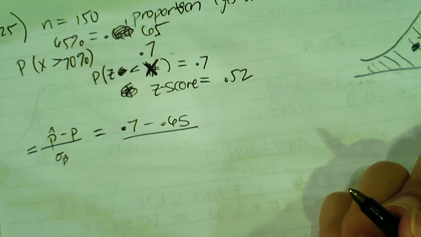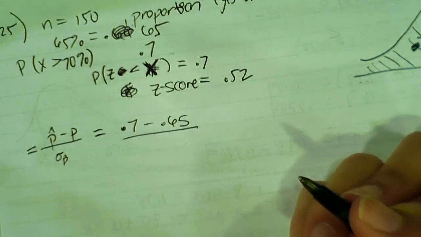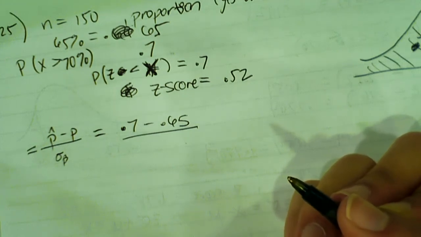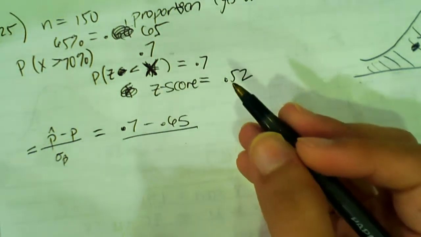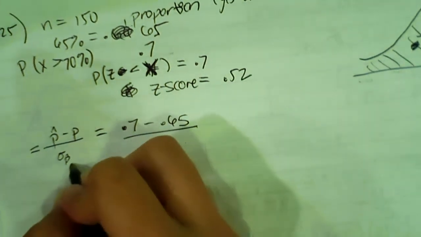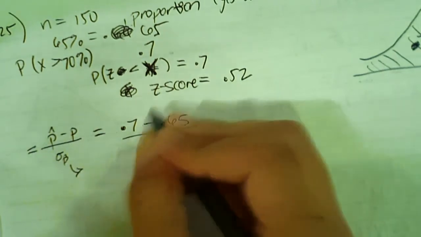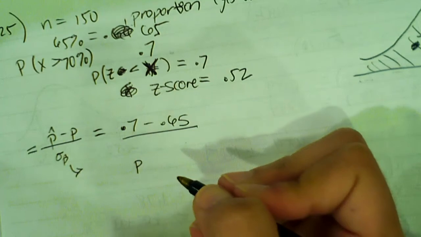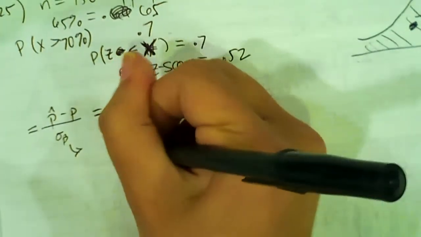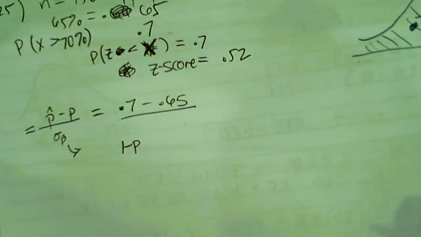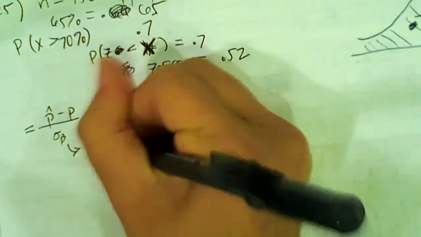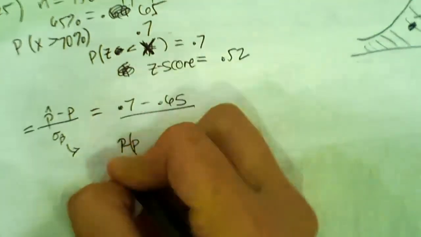And then standard deviation, but we're not given the standard deviation. You use the formula to get the standard deviation of P hat, which is the square root of P times 1 minus P over N. Can you repeat that?